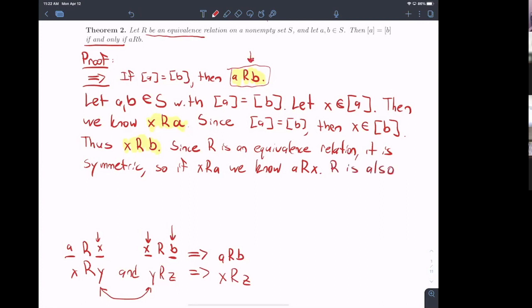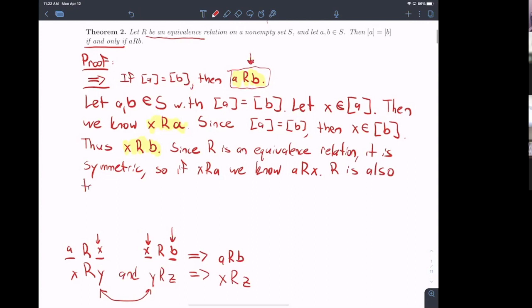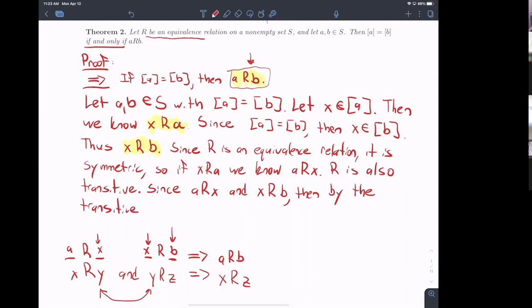And since it's an equivalence relation, it is also transitive. And so since we've got A is related to X and X is related to B, then by the transitive property of R, that gives us A is related to B.